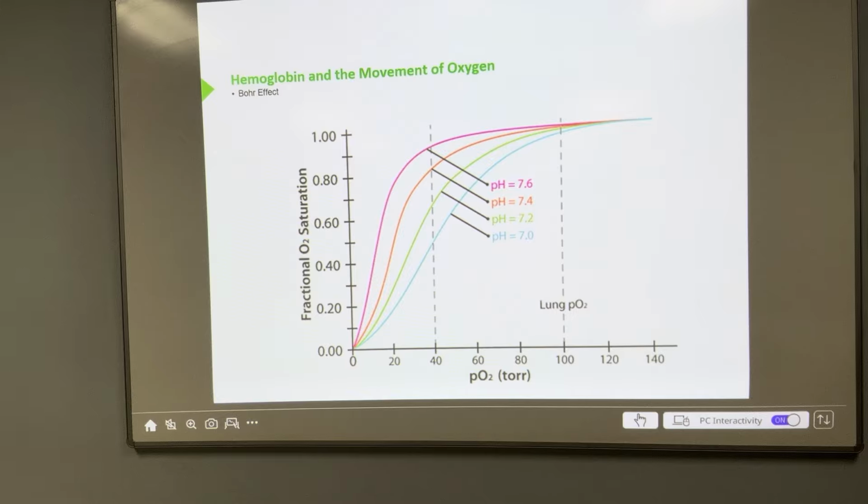Who's more acidic? 7.0, because that's acidosis. So the curve for acidosis is the one that shifts all the way to the blue. The original one is the pink.